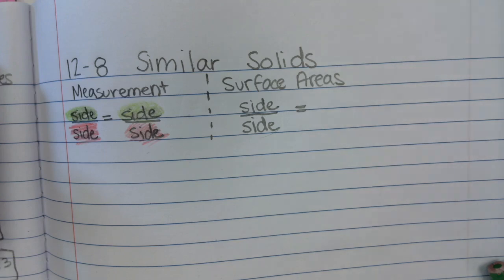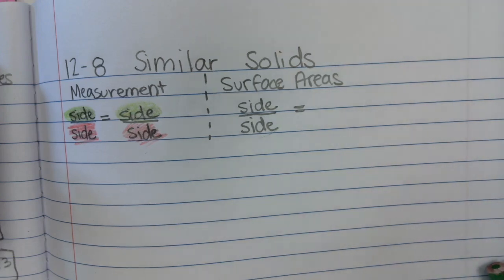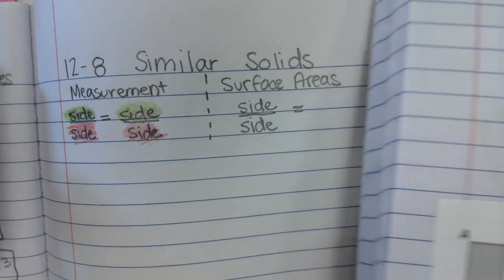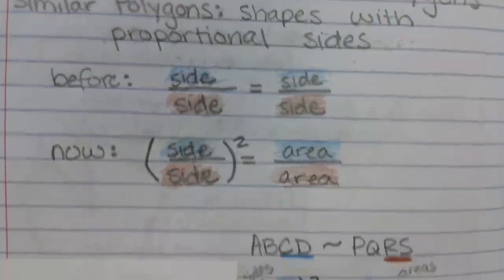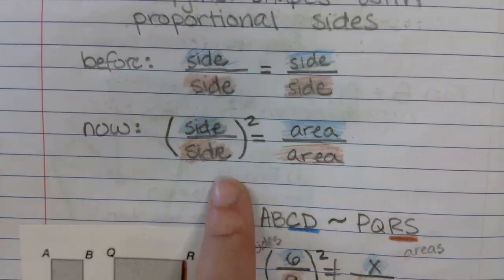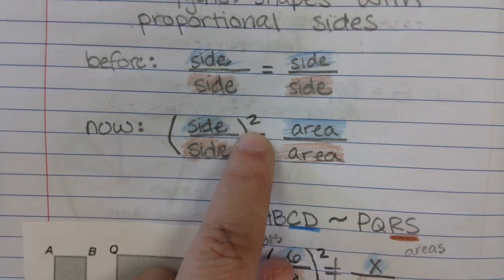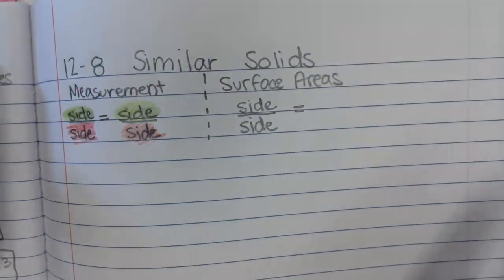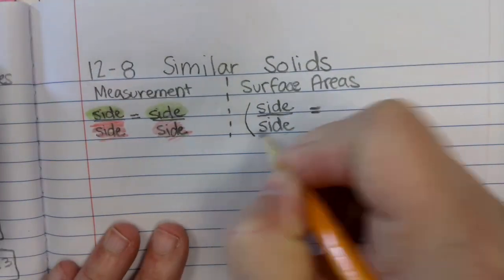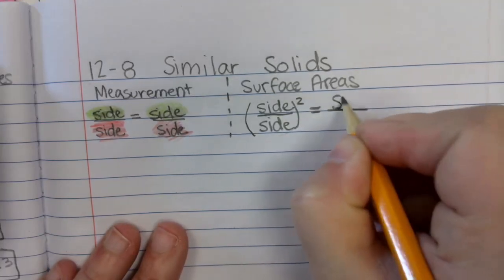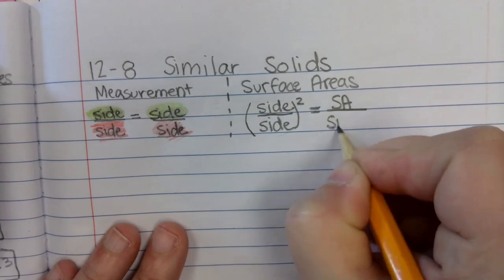If you need to look back at 11.6, 11.5. When we did areas, we did side over side, but we had to do the parentheses squared. So side over side, parentheses squared, is going to be equal to our surface area over surface area.